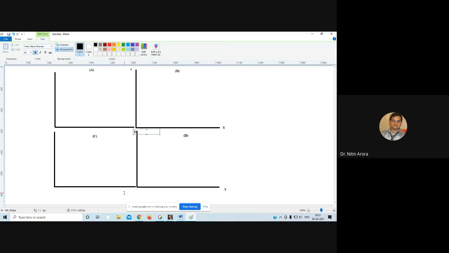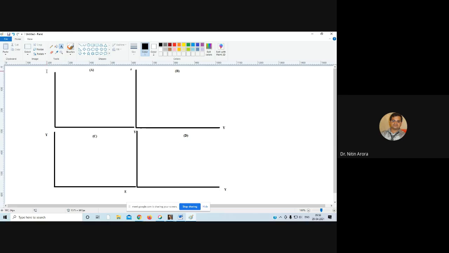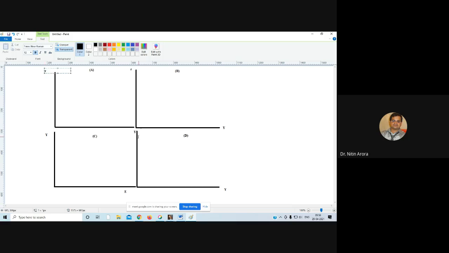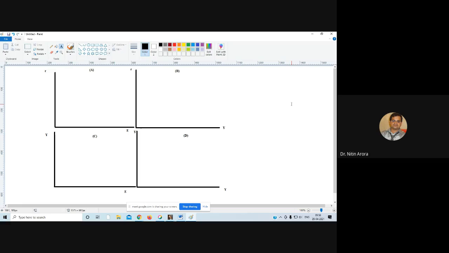In panel C, I'm having the combination of exchange rate and level of income. Panel C will be a derivation of the current account, and obviously in panel A we have rate of interest R and exchange rate E.